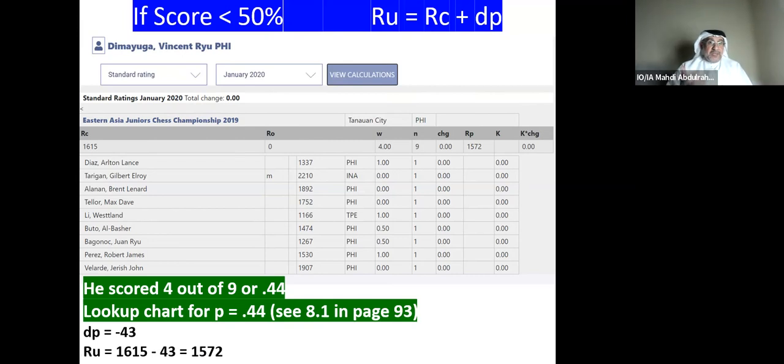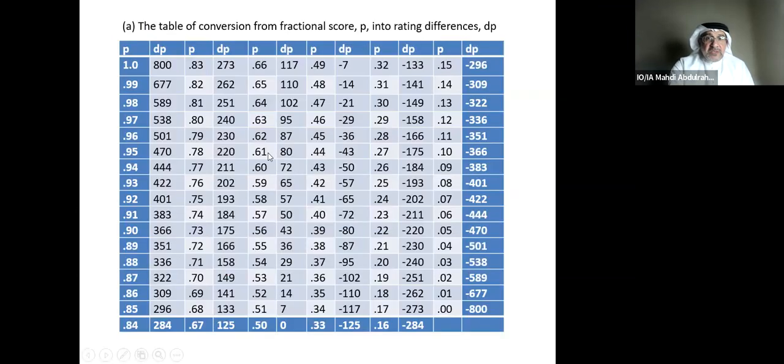We see how many points we scored, divide by the number of opponents, and that will be the percentage. And with this percentage, we go to the table, see where it is located, and we can find 0.44, and on the right side, in DP, you can find minus 43.